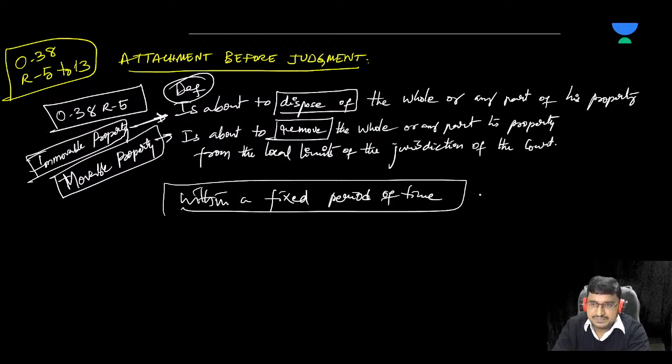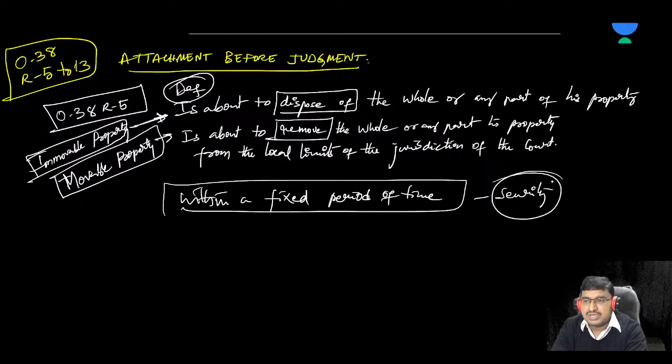Therefore, the court may ask to produce the security to the value of the suit or to the value of the property. This is about Order 38, Rule 5.